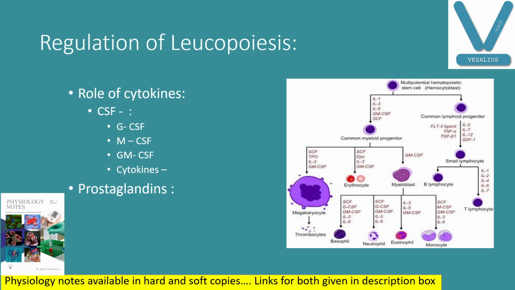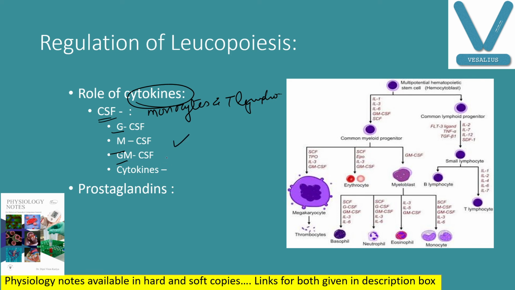Now, regulation of leucopoiesis. There are certain cytokines that regulate leucopoiesis. Cytokines include colony stimulating factors. What is colony stimulating factor? These are glycoproteins. They are formed by monocytes and T lymphocytes. They stimulate certain colonies, so they are known as colony stimulating factors, and they are granulocyte monocyte colony stimulating factor.